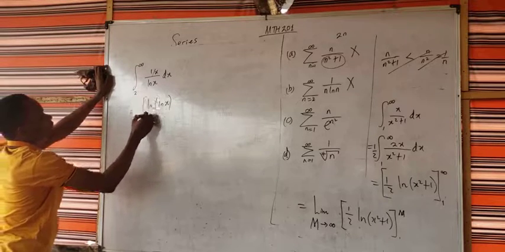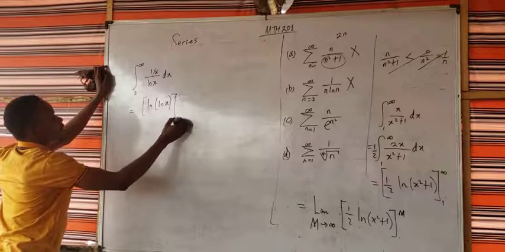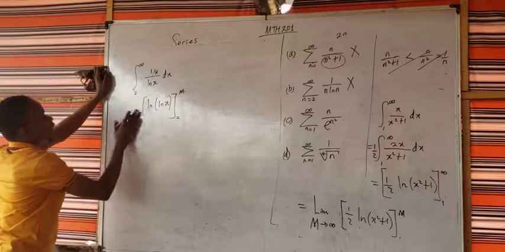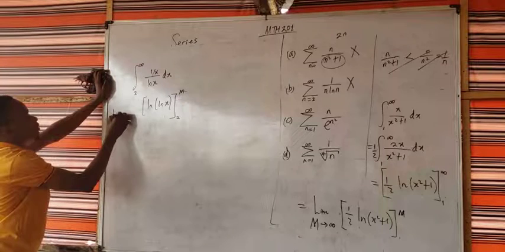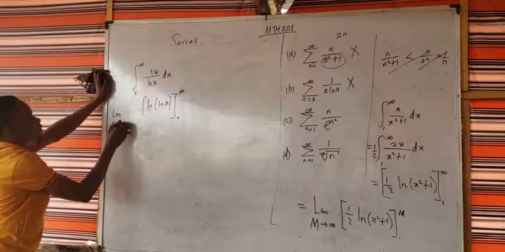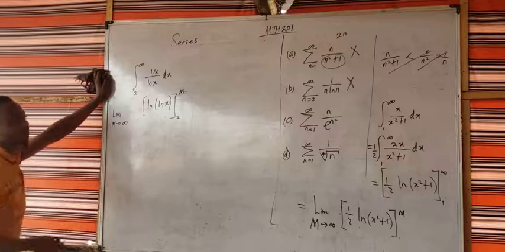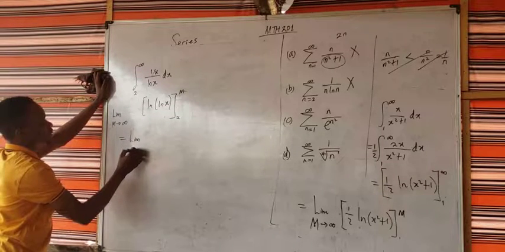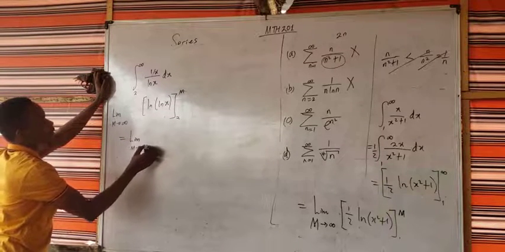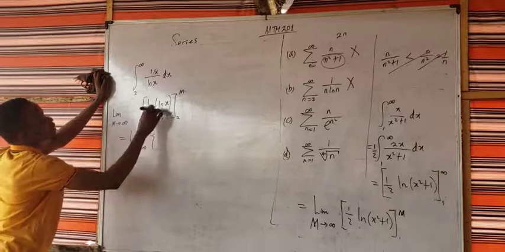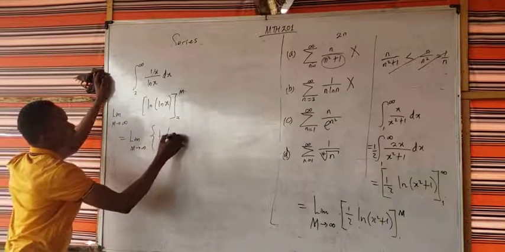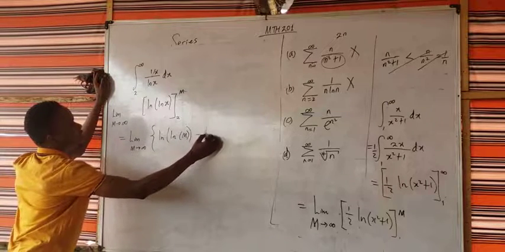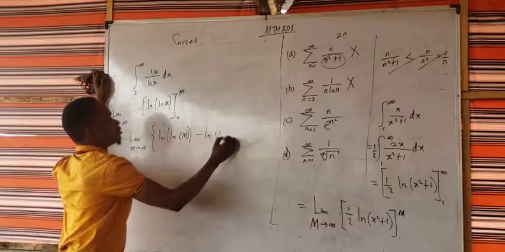Then you want to find out what this is from 2 to infinity. And I told you to just use m, then get the limit of this as m approaches infinity. So this is going to be equal to the limit as m approaches infinity of ln of ln m minus ln of ln 2.